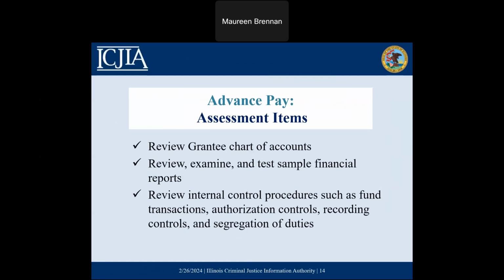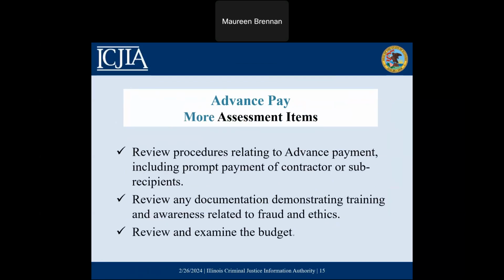They'll review internal control procedures, such as fund transactions, authorization controls, recording controls, and segregation of duties. They'll also review your procedures relating to advance payment, including the prompt payment of contractors or subrecipients. They'll review any documentation demonstrating training and awareness related to fraud and ethics at your agency. And they'll also review and examine the grant budget.